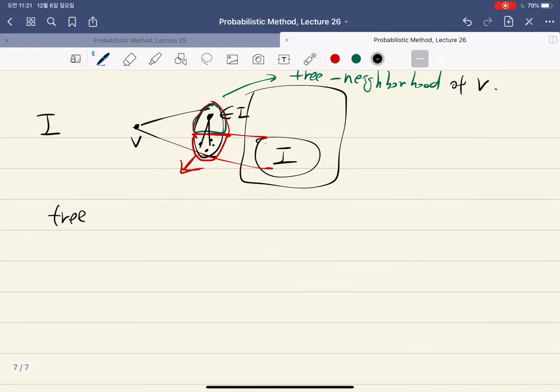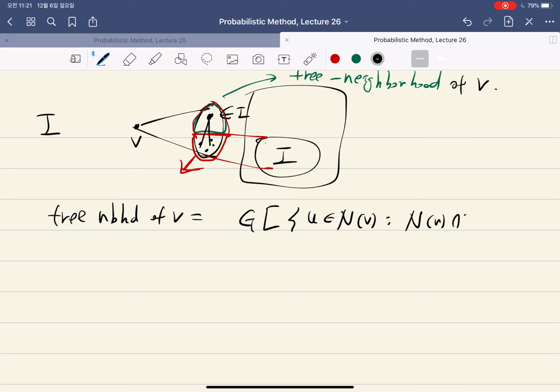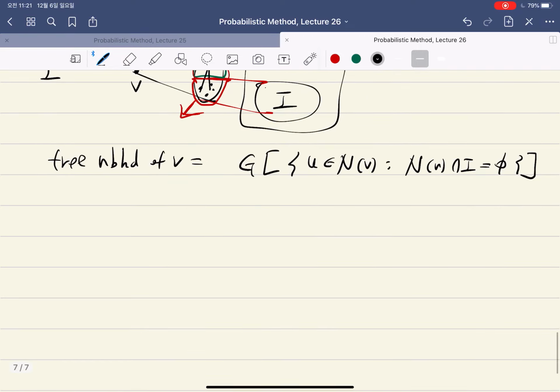So the free neighborhood of V is the graph induced by the vertices which are neighbors of V and uncovered. So uncovered neighborhood vertices induce this free neighborhood of V.